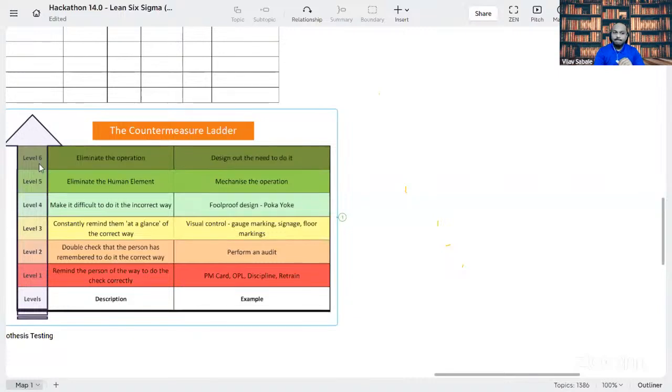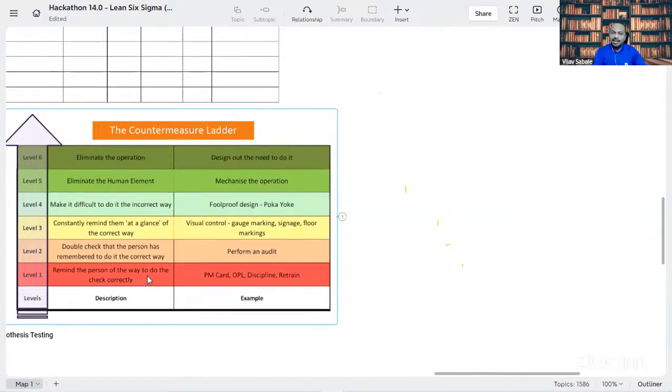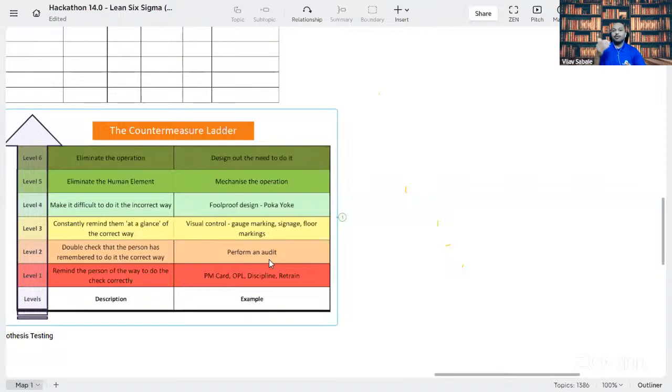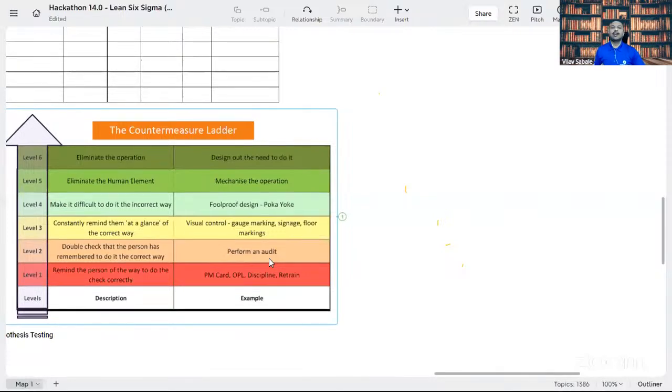Now, if you go to level 2: double check that the person has remembered to do it the correct way, right? So instead of relying on the person, here is also a double check. Again, I can say that is one kind of waste we are going to add. Perform an audit, right? So there is one person, but whether that person is going to do the task in the correct manner or not, we are going to check periodically. That is the audit.